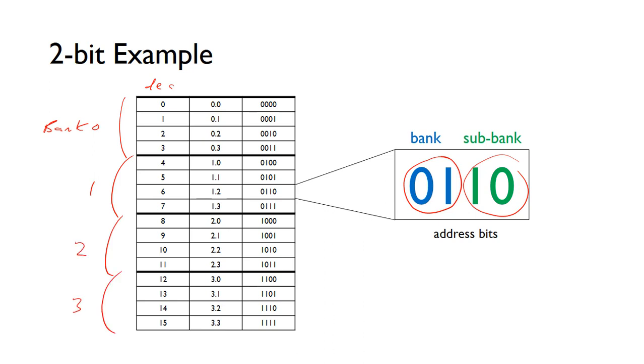You can see these most significant bits all give us 0, because these are all the same. Then we've got bank 1, so 1.0, 1.1, 1.2, 1.3. Again, the actual bank is given by those most significant bits. By doing it this way, we ensure that we end up with this nice, logical, contiguous address space.